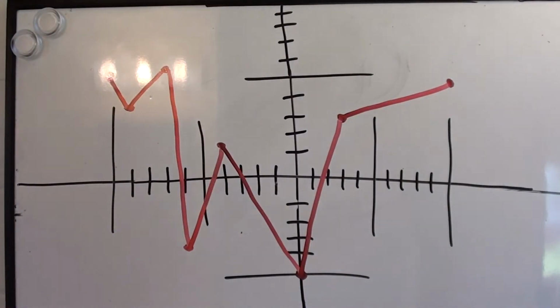Alright, we're going to look at this and we are going to write out an interval notation and then a set notation. Alright, so we're going to look at this crazy looking graph here with these zigzag line segments, okay?